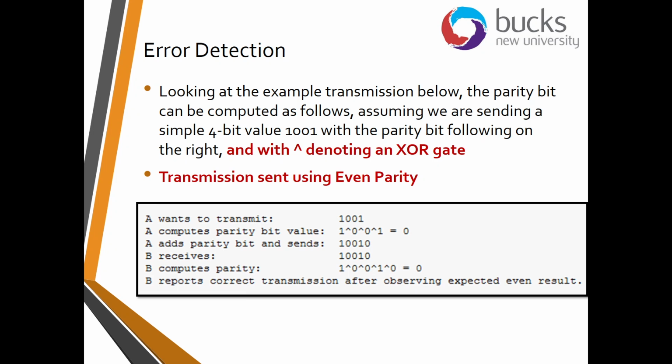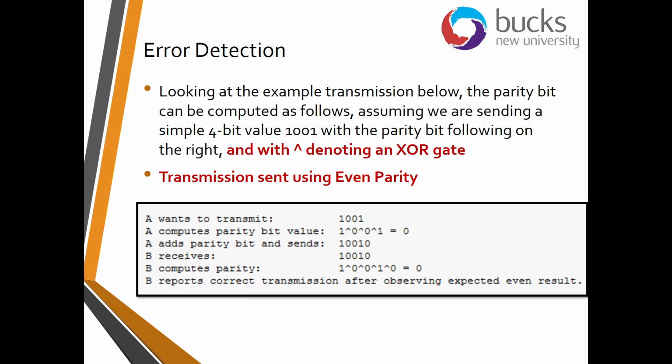So error detection. If we look at the example transmission below, the parity bit can be computed as follows, assuming we are sending a simple 4-bit value 1001, with the parity bit following on the right, with the chevron denoting an XOR gate. So this is a transmission sent using even parity.